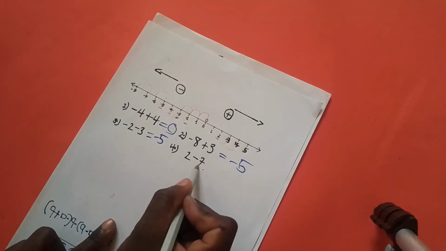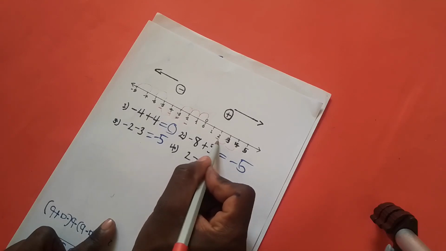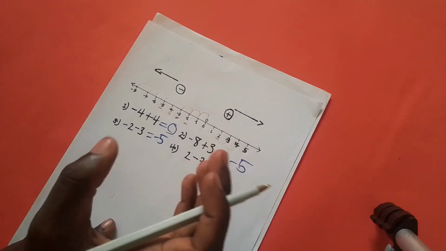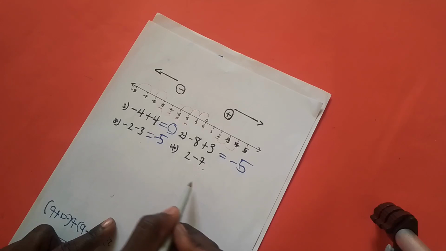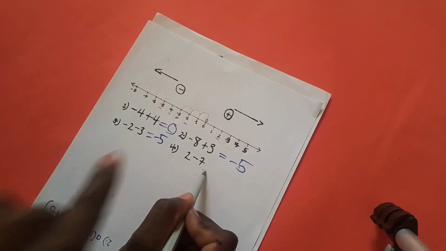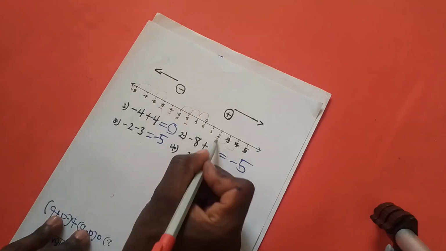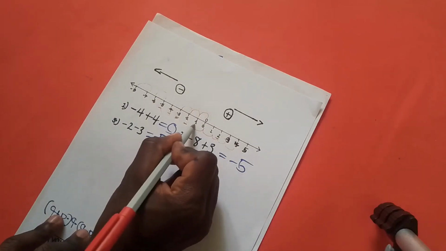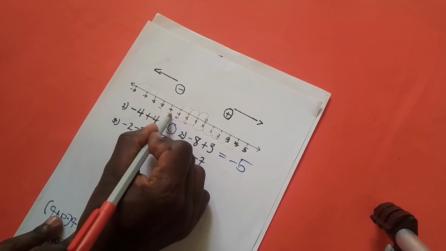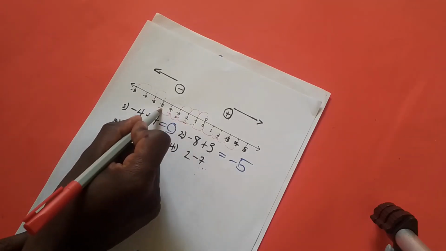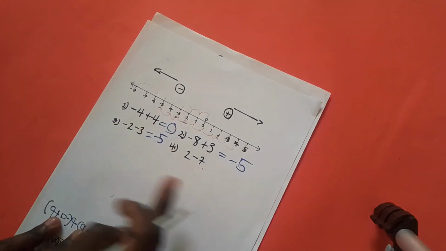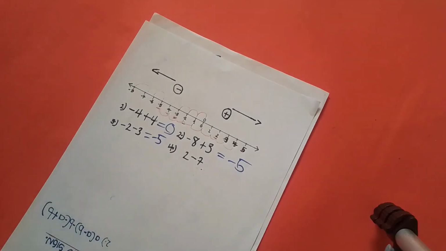Why? Because the question is saying 2 minus 7. Minus, that is the minus direction. How many steps? 7 steps. Therefore, 1, 2, 3, 4, 5, 6, 7. So where are we? We are at negative 5. Therefore, we know that 2 minus 7 is equal to what? Is equal to negative 5.